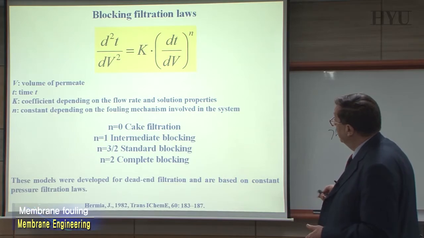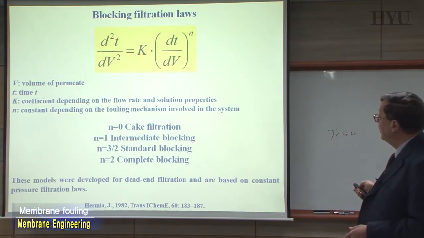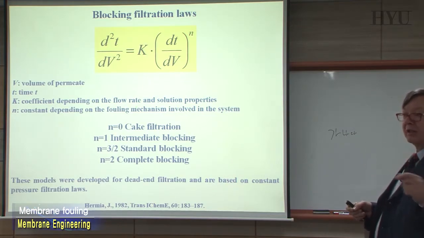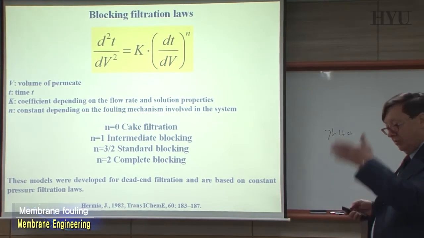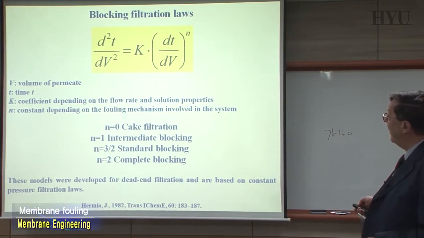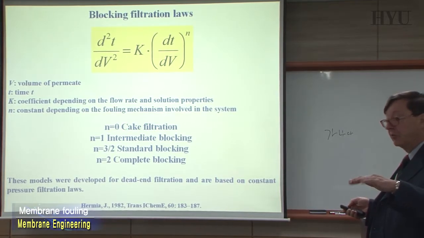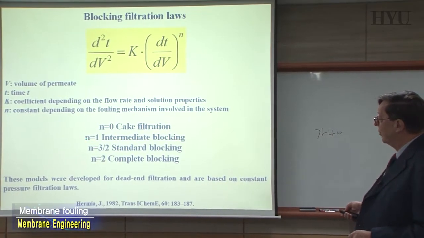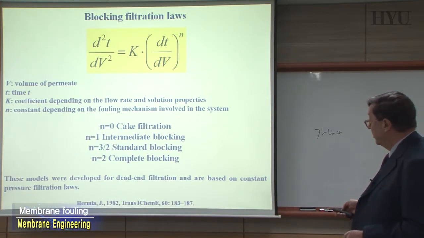And they also wrote down an equation, and you can see here that this equation is related to an exponent n. Through phenomenological evaluation, and assuming just dead-end filtration, when it's just cake filtration, meaning formation of layers on the surface, n is equal to 0; intermediate blocking is equal to 1; standard blocking is 3 on 2; and complete blocking is just 2.